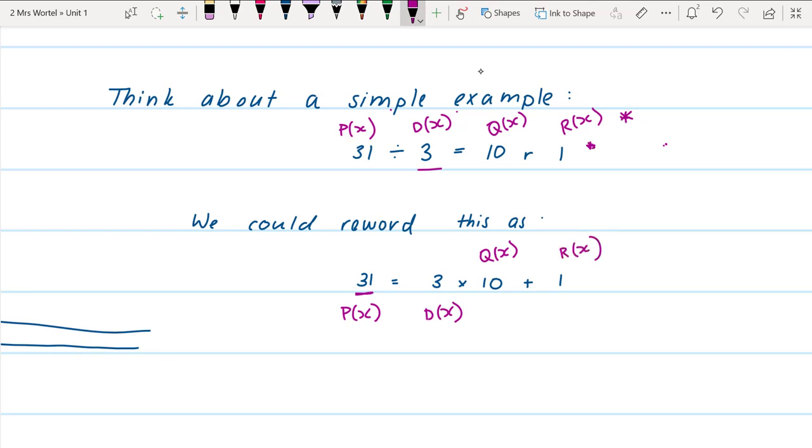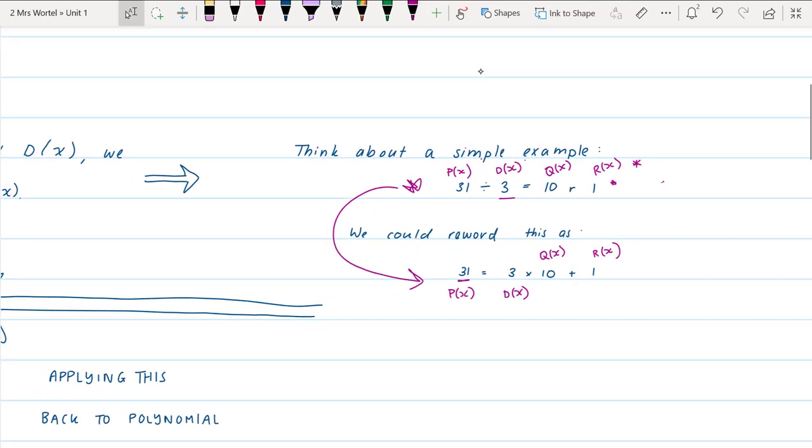So we can rewrite a division scenario like this, with our polynomial at the front and the other stuff all to one side. So p of x is equal to d of x multiplied by q of x plus a remainder, r of x. We call that an identity.